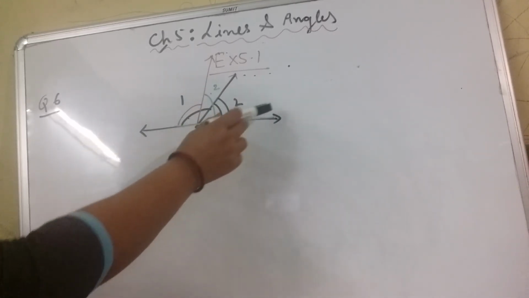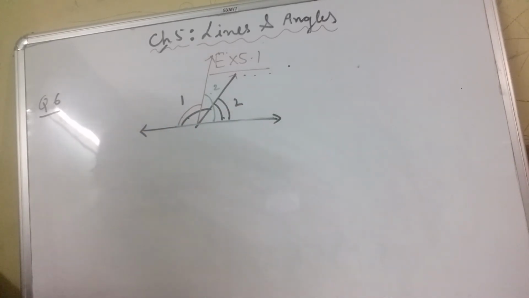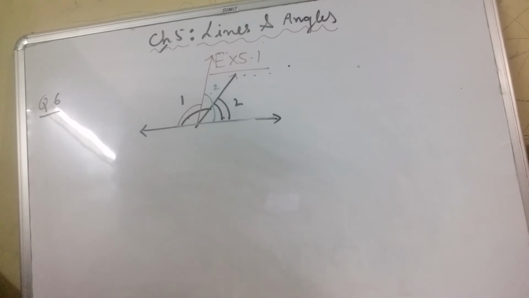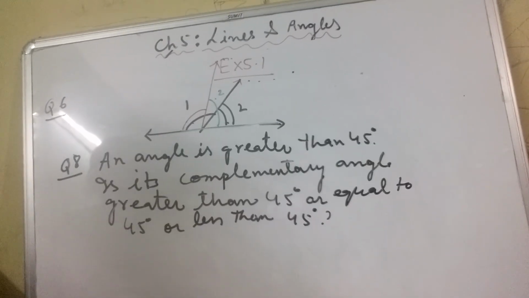Otherwise they will not remain supplementary, and that straight line will not be there anymore. Understood? Question number 7 I have discussed in my first video of this chapter under facts of supplementary angles. You go through that and write the answer.